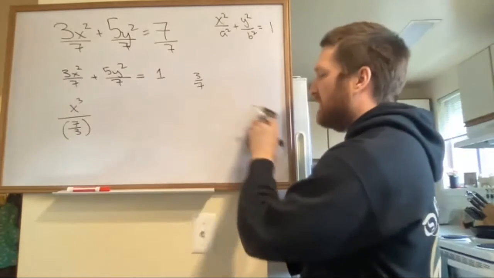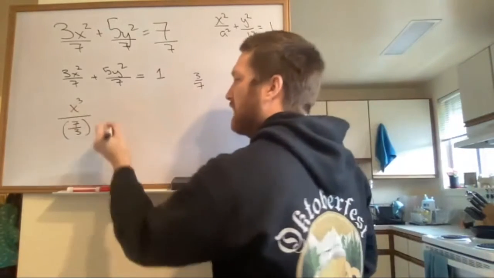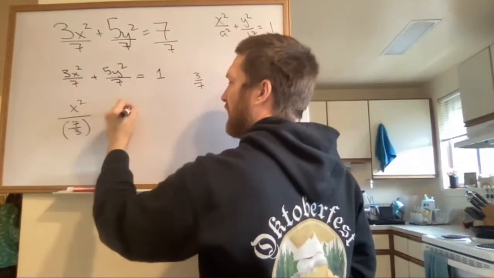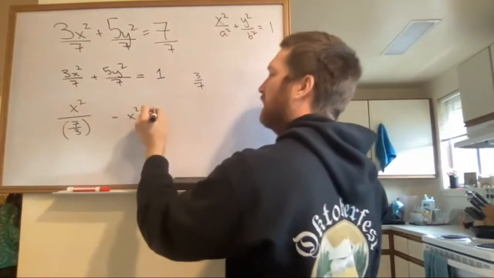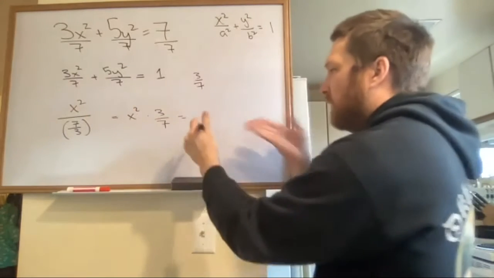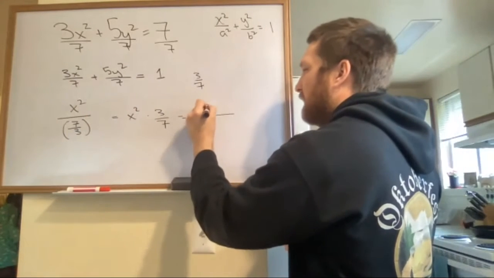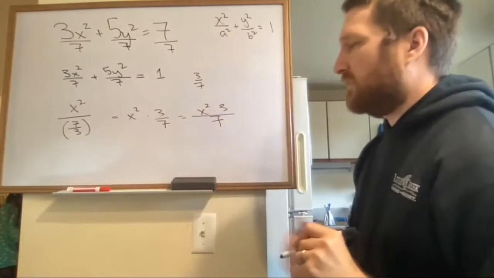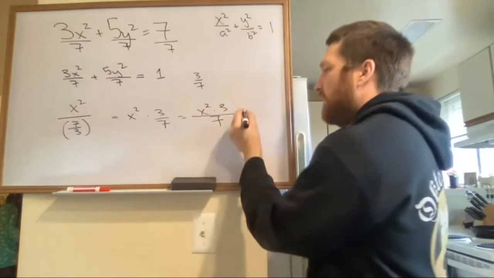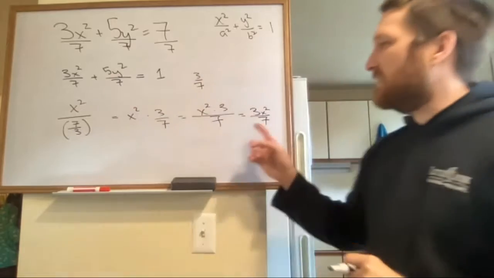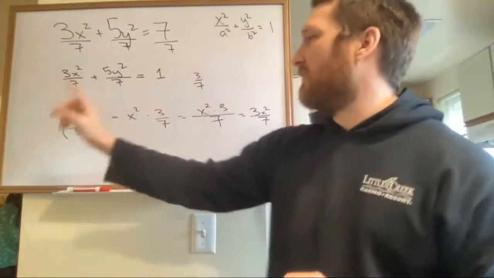Because doing this in the reverse order, if you were given this, you would say, well, that's the same thing as x squared times the reciprocal of that, which is 3/7. Then I could rewrite that as 3x squared over 7. And so this is the reverse of that trick right there.